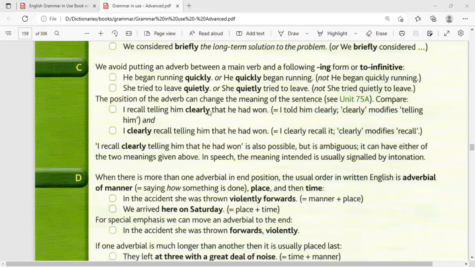But in the second one, when I say, I clearly recall telling him that he had one, again, I clearly recall telling him that he had one. So I clearly recall it. So clearly here modifies what?